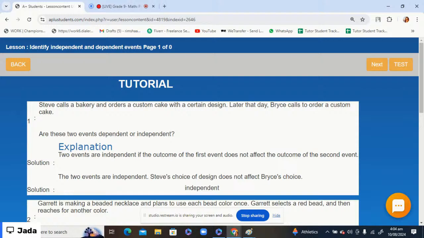So the two events are independent because Steve's choice of design does not affect Bryce's choice. An independent event is one whose outcome is not affected by another, but a dependent event is affected by the outcome of the second event.